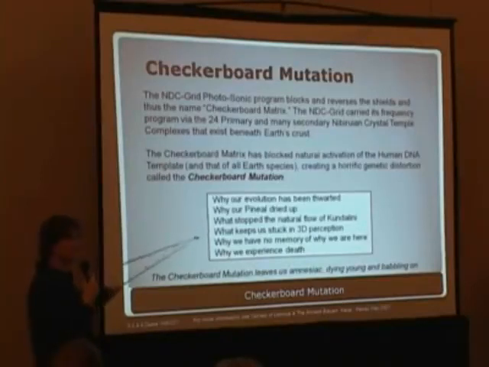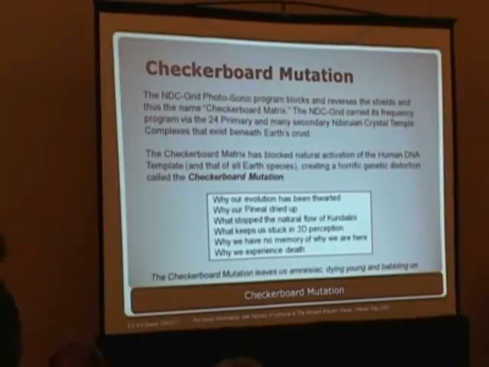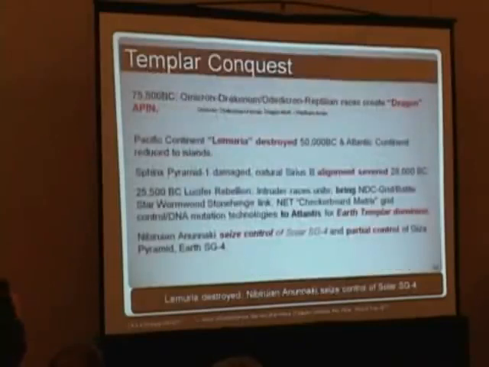This is what keeps us stuck in three-dimensional perception. This is why we have no memory of who we are and why we're here, and it's why we experience death. Death is not a natural thing for angelic human template. The checkerboard mutation leaves us amnesic, dying young, and babbling on. And then what they did was they taught us their language, right? Okay, so we're going to begin the Templar conquest.